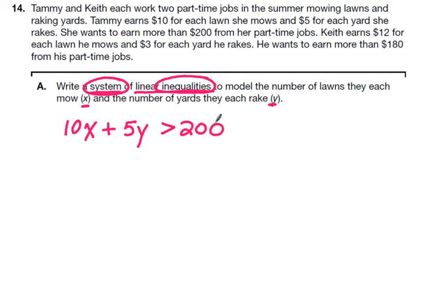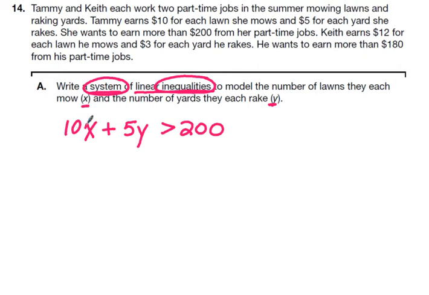Keeping in mind what x represents and what y represents, and the fact that she wants to earn more than $200, it makes sense that you take 10, which is the amount of money she earns for each lawn, and multiply it by x, the unknown number of lawns she's mowed.